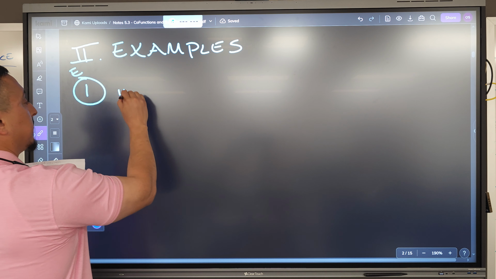Okay, so here we go. Where do we have this? What identity? 21, right? That says cotangent of pi over 2 minus theta is the same as tangent theta, because of the identity.